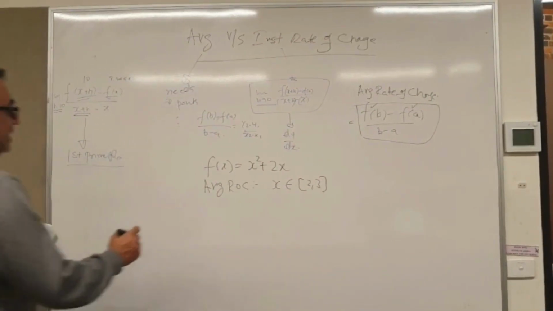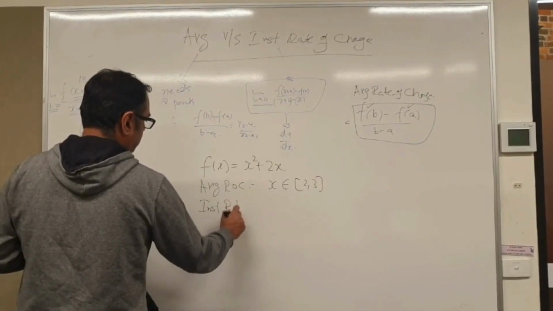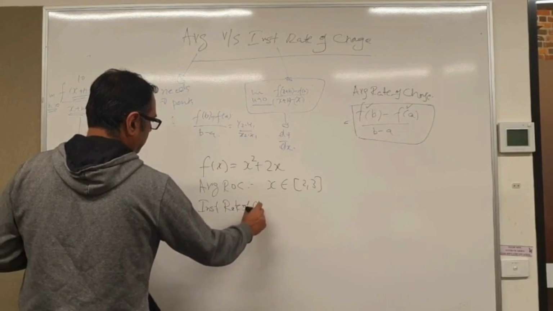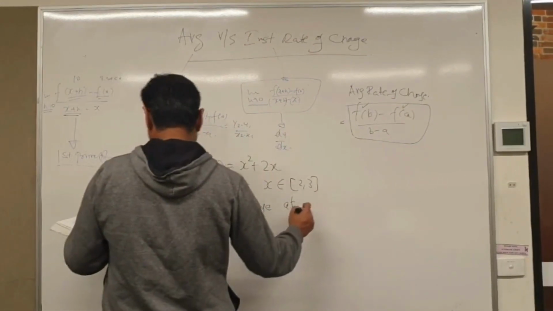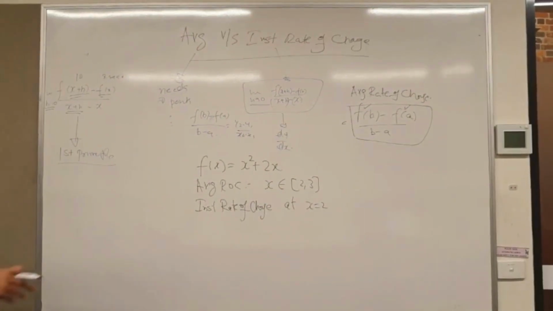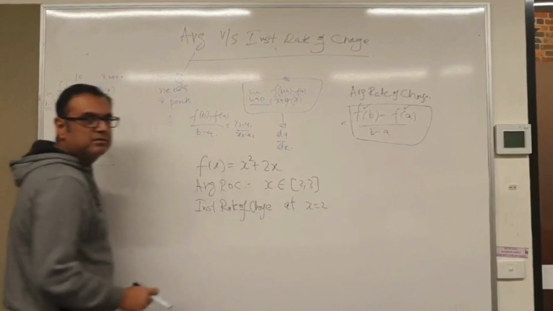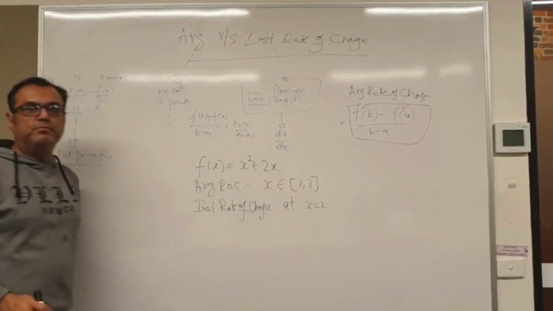And can you find the instantaneous rate of change at x equals 2? You see the difference between the two questions. Your average rate of change will always give you 2 points, 2 x values, whereas the instantaneous rate of change will always give you 1 value. Go for it now.